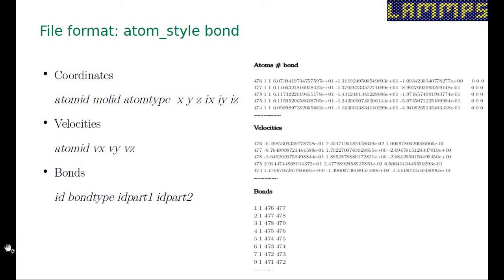Right, so the file format for atom-style bond continues for when including the coordinates, and then we have the following structure: the first column, the atom ID, the molecule ID, the atom type, and the coordinates of the beads or the point particles.